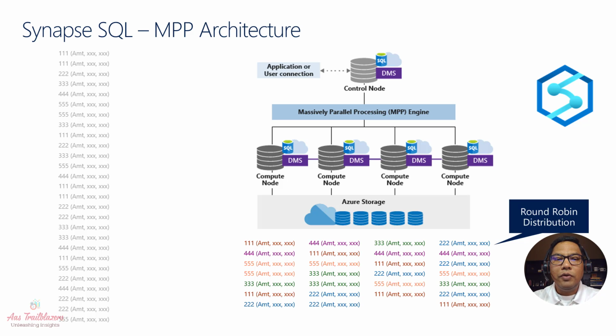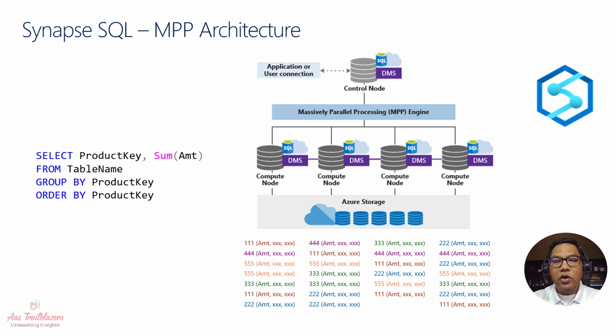What we see here is a 4 compute node SQL database. It means there will be 15 distributions assigned to each of the compute nodes, and what we see here is the data is evenly distributed across all these distributions which have been assigned to different compute nodes that we see over here.